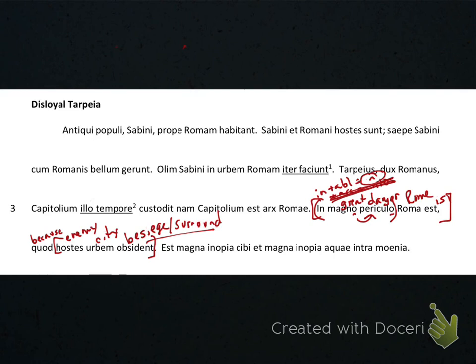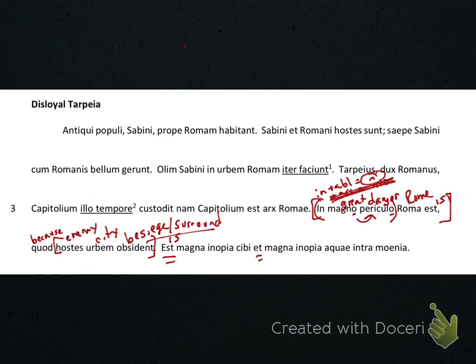Okay, one last sentence in this last part. Est magna inopia cibi, et magna inopia aquae intra moenia. Now, I do have the word and in this sentence, but I notice that there's only one verb, which is.